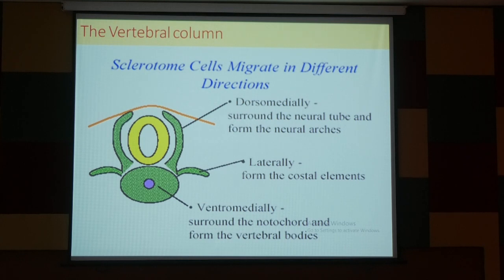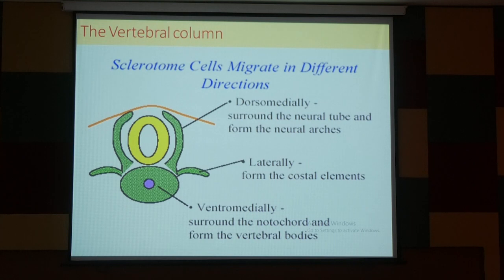Now, listen carefully to what I am saying. In vertebral body formation, this purple notochord tissue in the body of the vertebra is completely absorbed, or completely replaced, by sclerotome tissue.